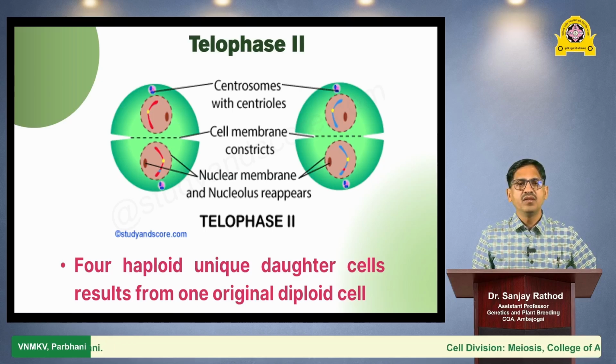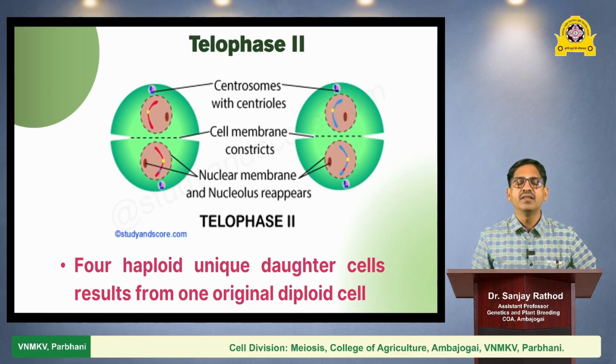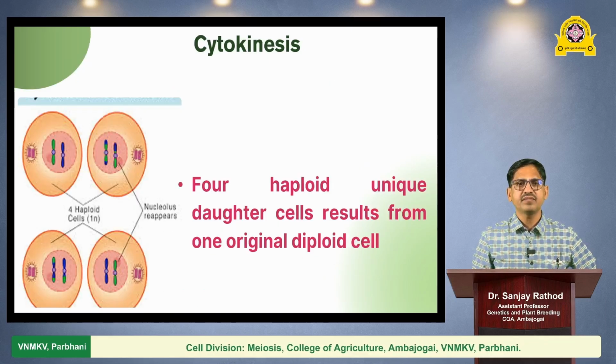At the end of telophase, 4 haploid unique daughter cells are formed, which originated from one diploid cell. At the last, cytokinesis takes place. With the help of cytokinesis, all 4 haploid daughter nuclei get separated.